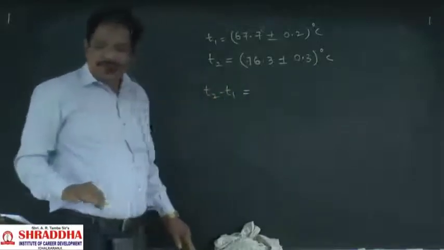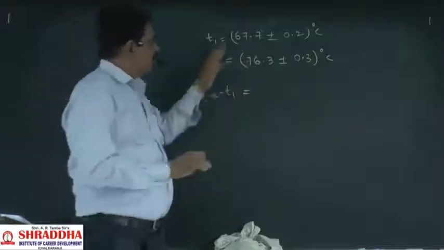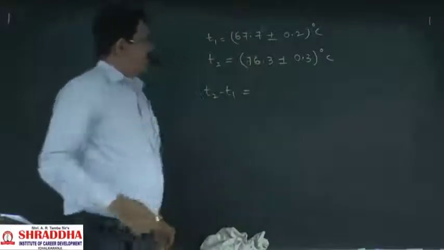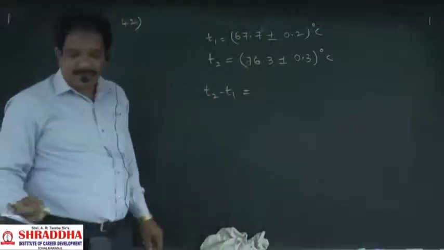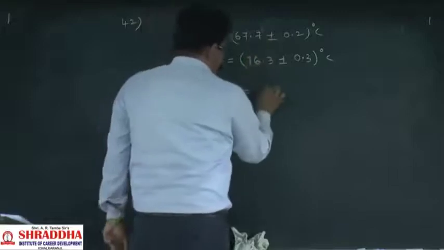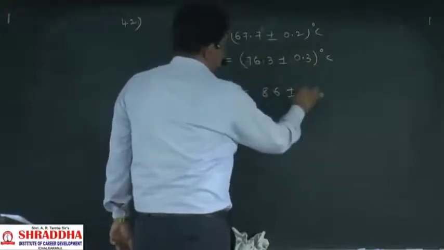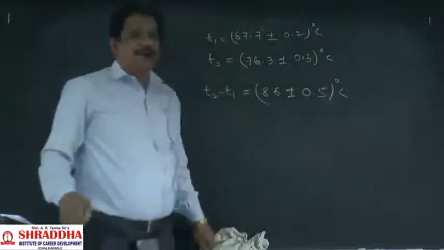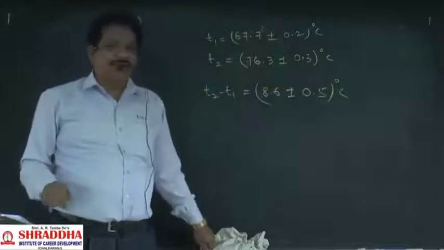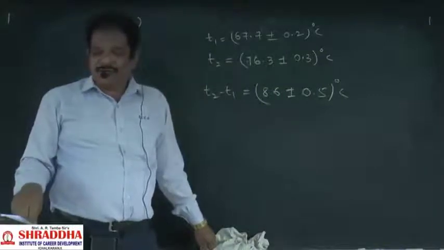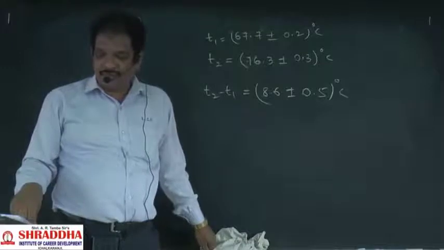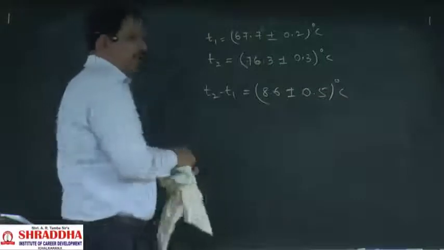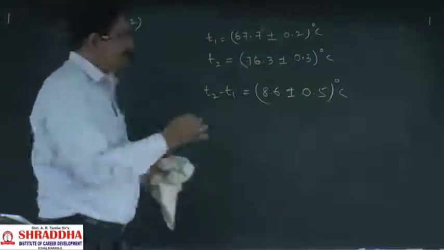T2 minus T1, if we do, this difference will be 8.6 if you subtract these two. Errors you have to add. 8.6 plus or minus 0.5 degree centigrade. Okay. Next. So 42, what is the option? C.